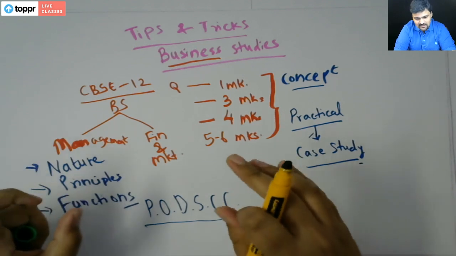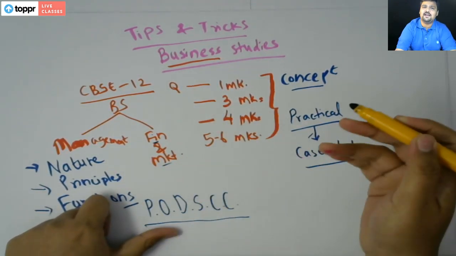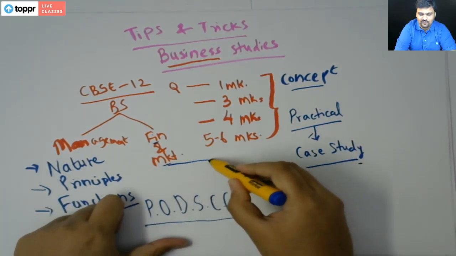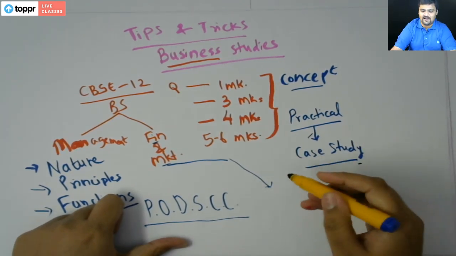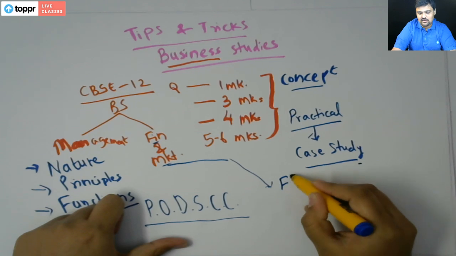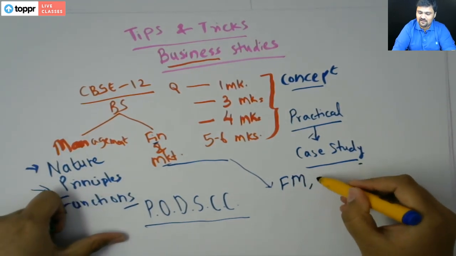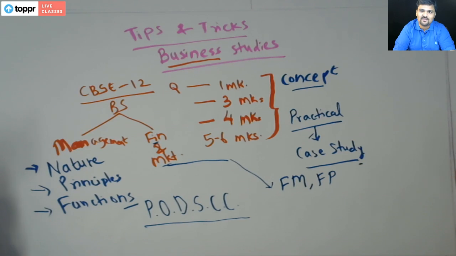Very good. Now my dear friends, if you see this side, the finance and marketing part of your paper. In this part of the paper, you have 2 main components, finance and marketing. In finance, you have financial management and financial planning, which also includes financial markets as one of the components, right?